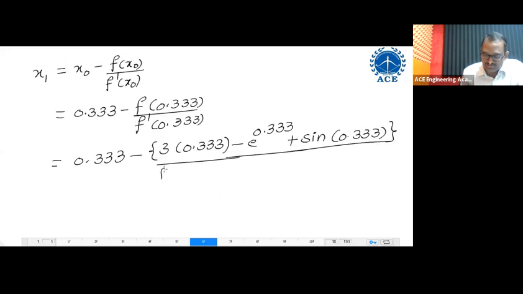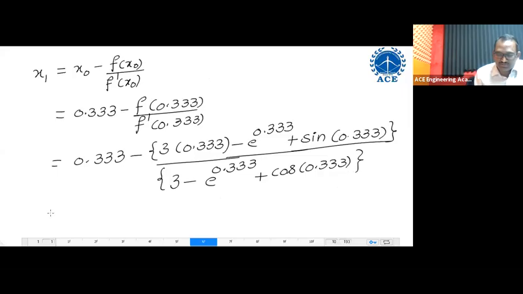That is 3 minus e to the power of 0.333 plus cos of 0.333. Simplify this and let me know the answer. Three decimal places they mentioned. 0.3601 is the answer.